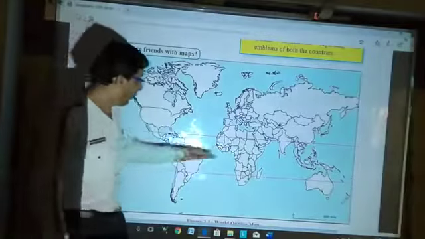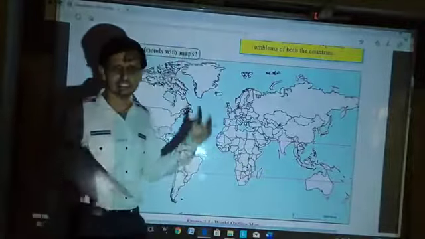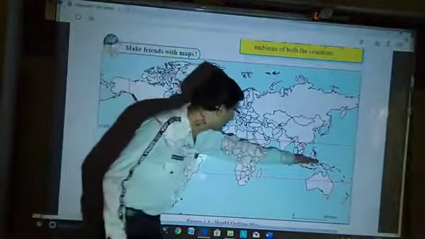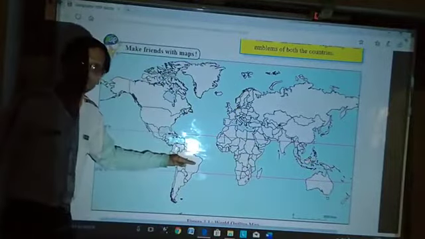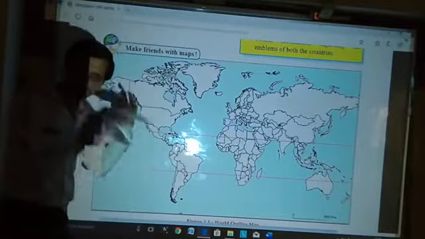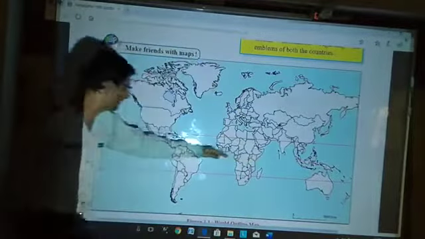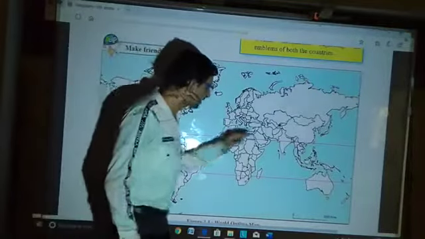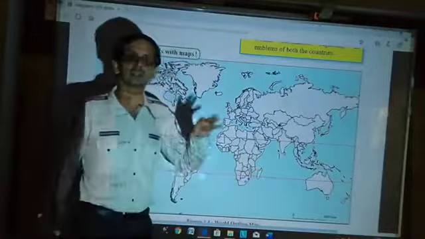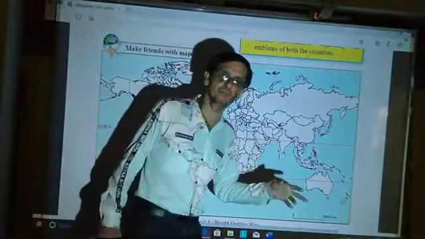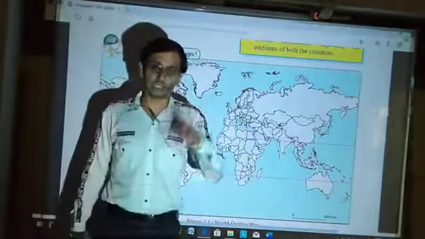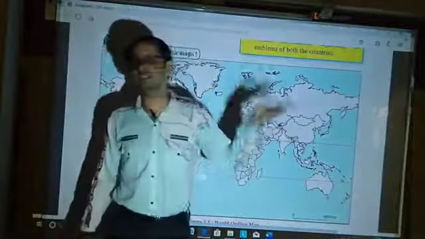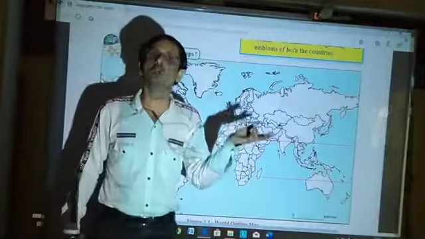So any country which lies above the equator, this is not supposition, this is the reality, this is the fact, even though it is not shown over there, the equator cuts through Brazil. The countries which lie above the equator are known as northern hemispheric countries, or lying in the northern hemisphere.